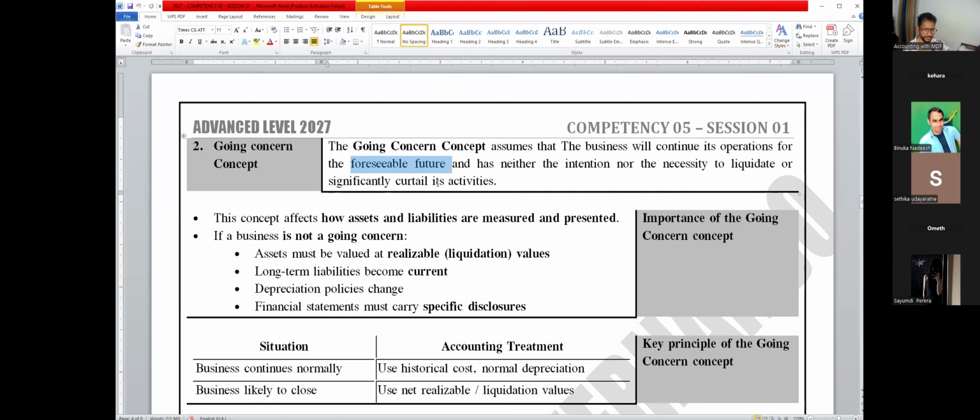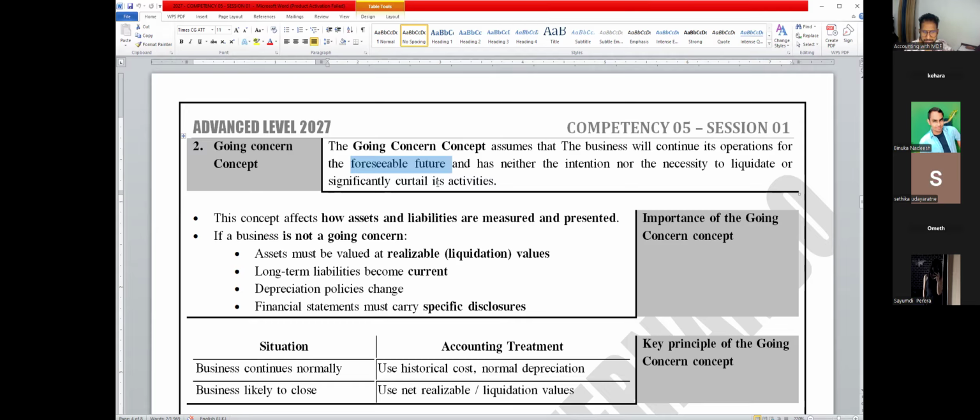What do you mean by this term foreseeable future? That means the business has no intention to liquidate or close the business activities in the near future. It means the business continues.